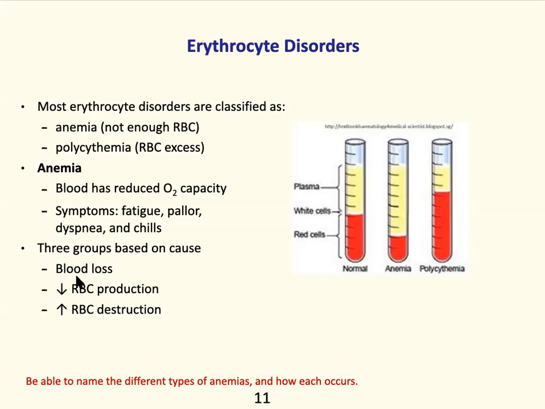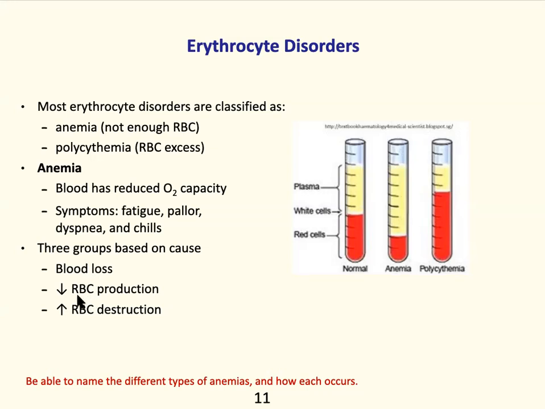Another could be more of a chronic cause. Someone has a gastric ulcer, an ulcer in the stomach that's bleeding over time without them knowing, and they can also develop anemia over time. Those would all be anemia due to blood loss.